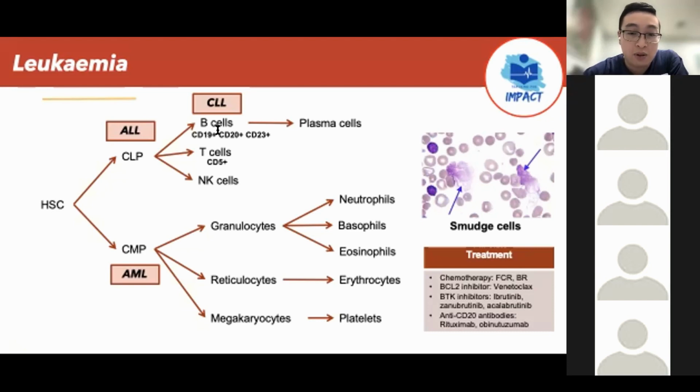Whereas if the IGHV status is mutated, then the cancer has occurred a little later, after the B cell has undergone somatic hypermutation, and so the prognosis is better.